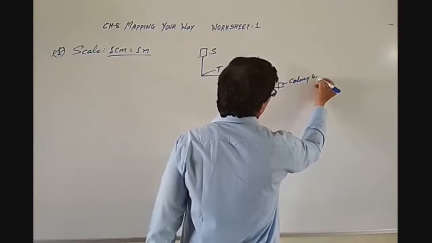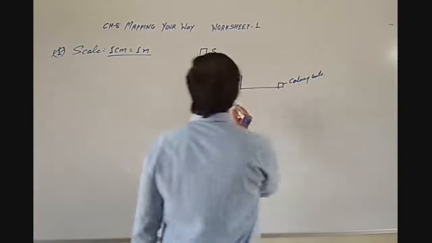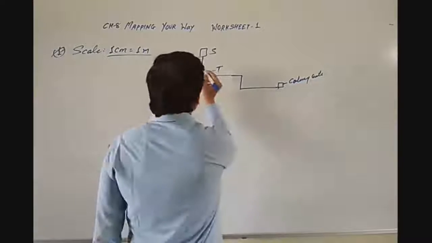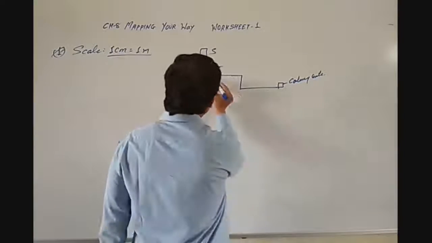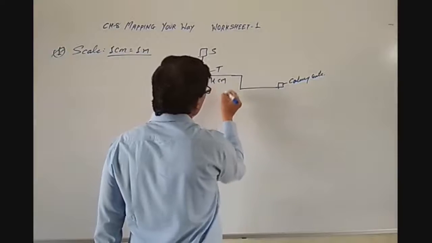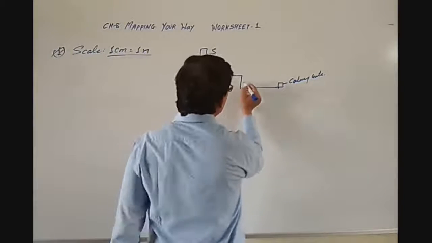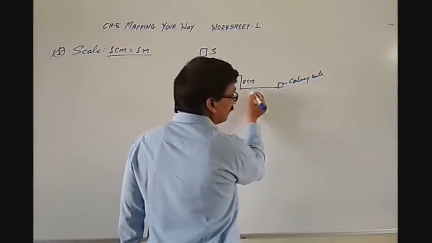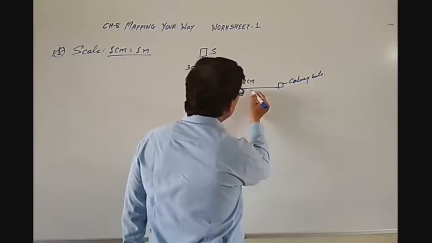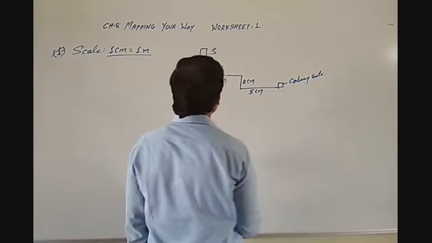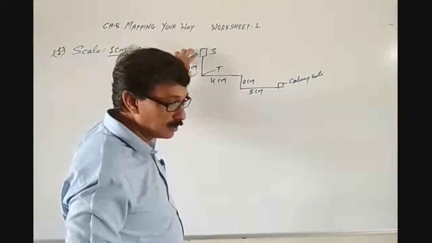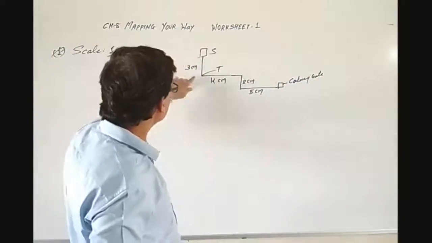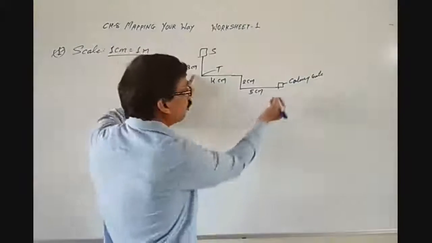Okay, now this is 3 centimeter, this is 14 centimeter, this is 2 centimeter, and this is 5 centimeter, isn't it? So this is Samira's home, and from there 3 centimeter, this is colony gate.